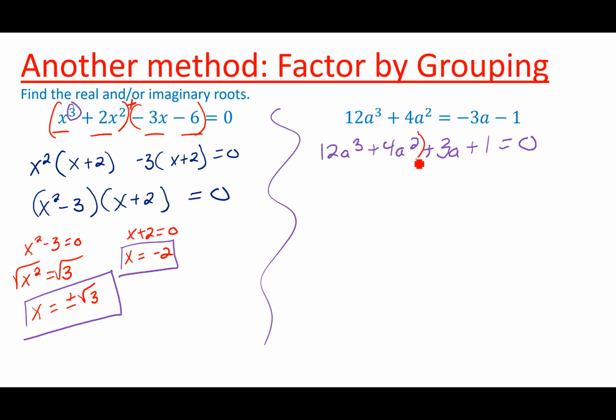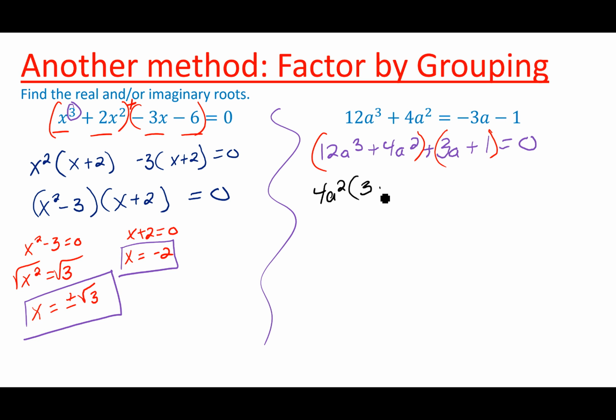From here, I'm going to do my groupings. So I have 12a cubed plus 4a and 3a plus 1. 12a cubed plus 4a, I can factor out a greatest common factor there. I could factor out 4a squared.